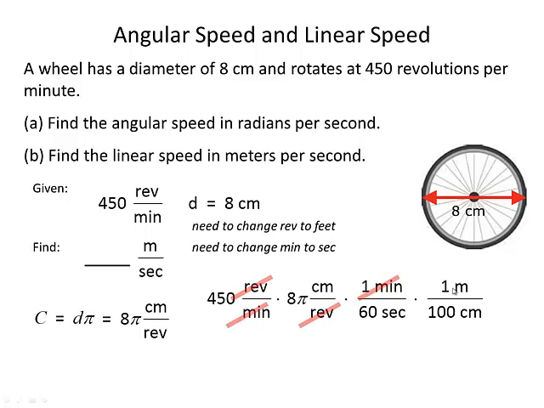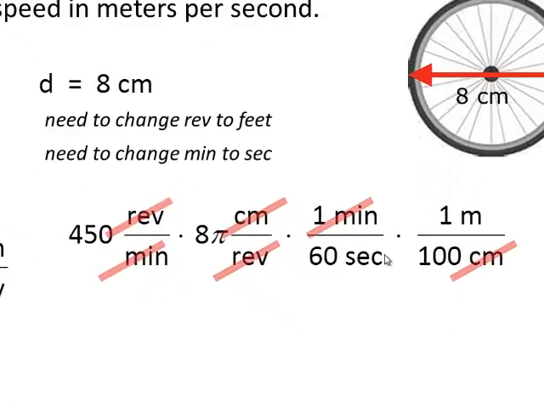So we know that 1 meter is the same thing as 1 centimeter, right? Cent. How many cents are there in a dollar? There are 100 cents in a dollar, so there are 100 centimeters in 1 meter. Okay, 100 centimeters in 1 meter. So now we can reduce the centimeters, and we end up with meters per second.